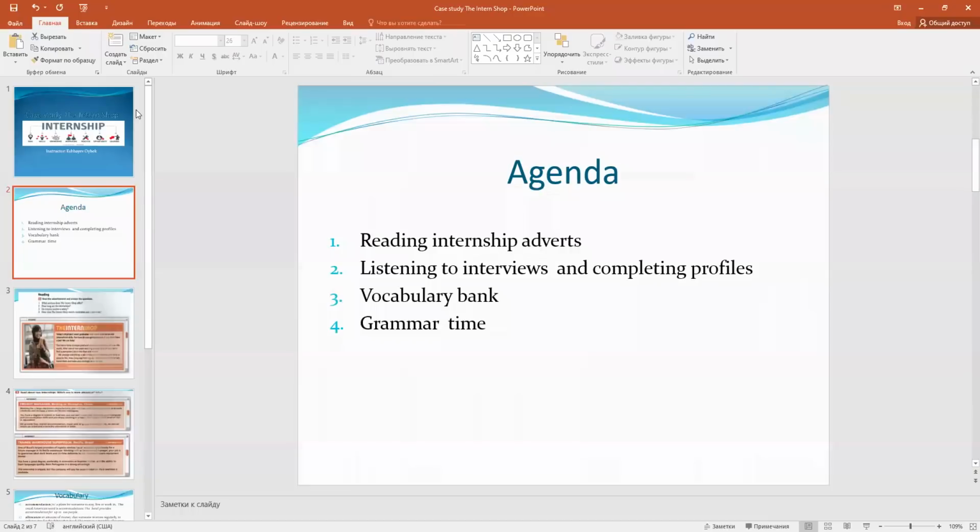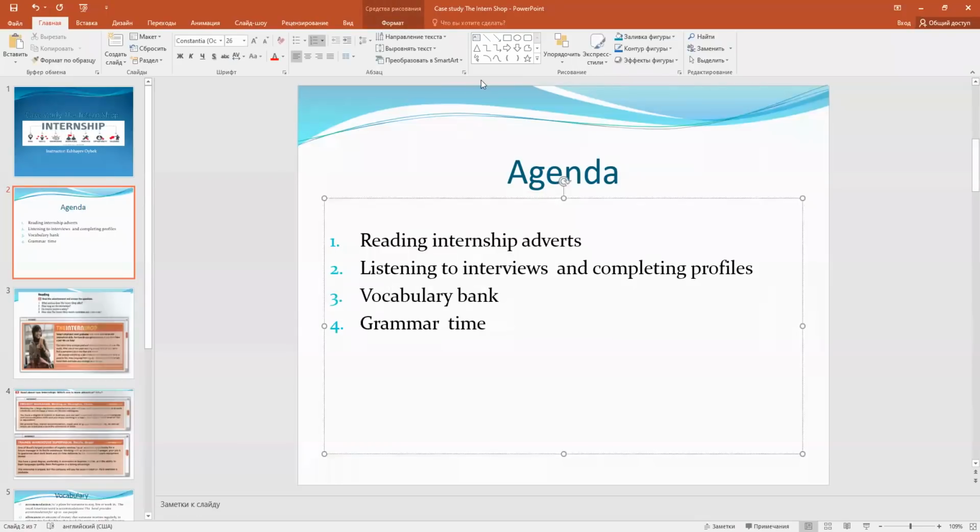And you can see on the agenda, today's lesson plan contains four parts. The first part is reading internship adverts. We will read some topic-specific readings, and then the next step, we will listen to interviews or complete profiles.